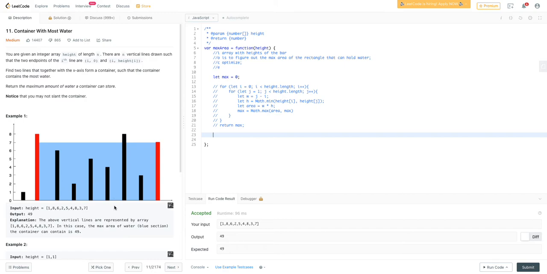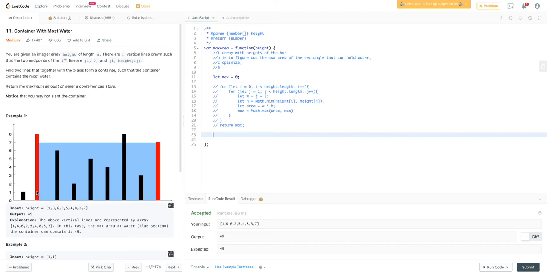So what we would do is say if one side is smaller than the other side, then we would just move the left side to the next round.